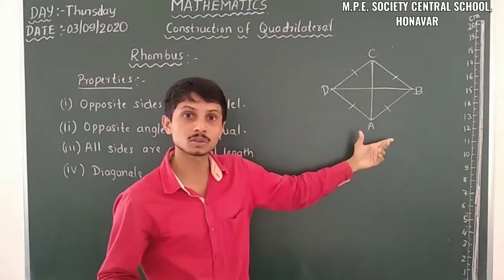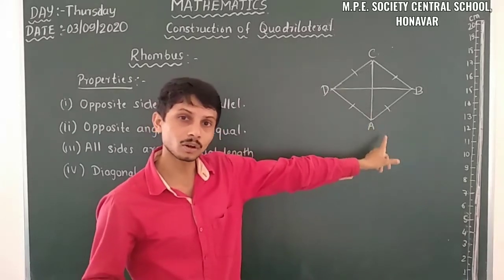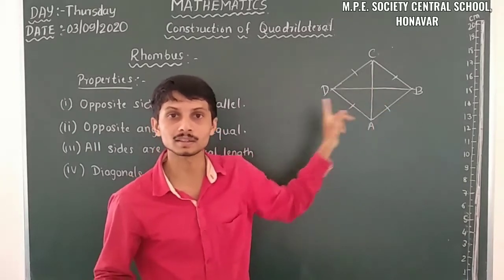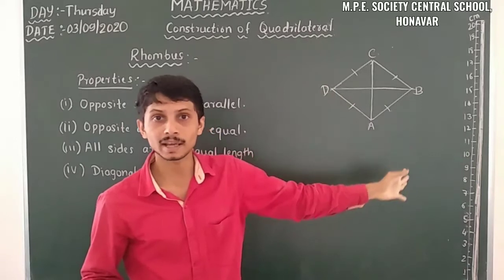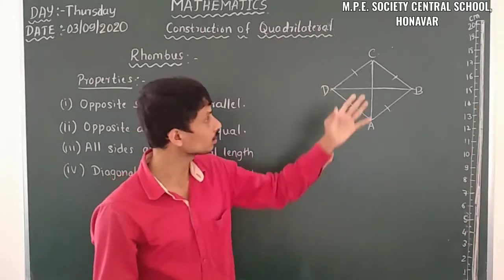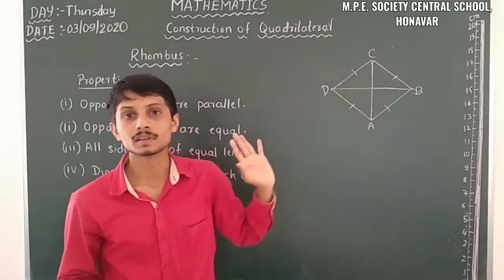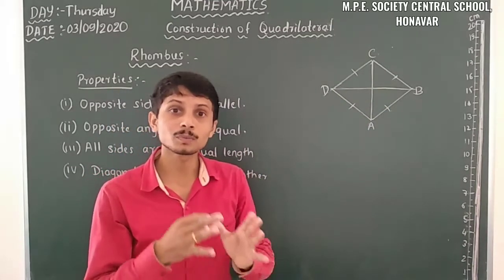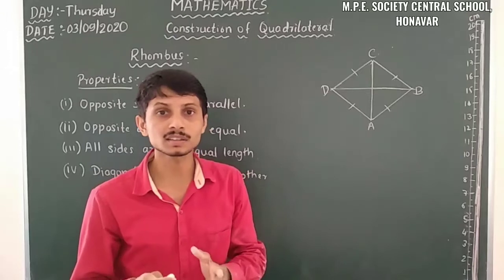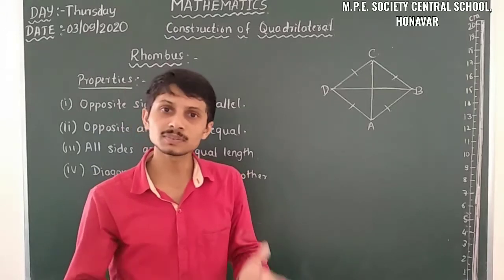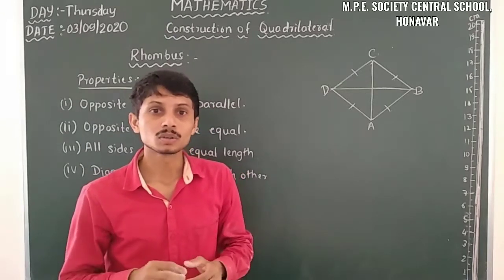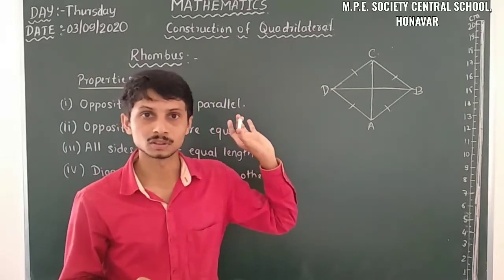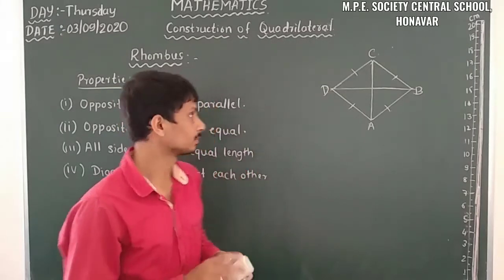In the rough sketch, when we draw the 2 diagonals as perpendicular bisectors, we can easily draw the rhombus. That's why from the lengths of 2 diagonals we can construct a rhombus easily. So it's very easy to construct a rhombus. Let us take one example.